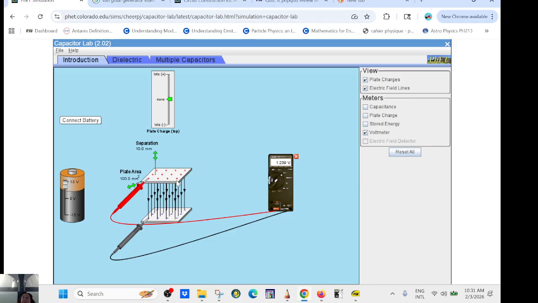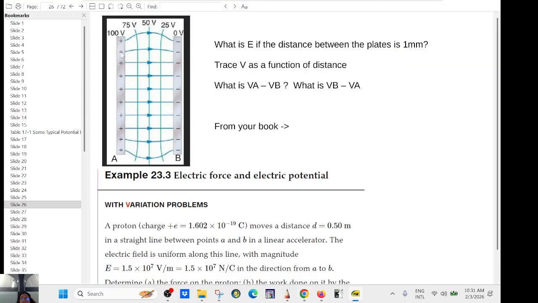If you have an electron leaving from minus to plus, it will deliver 1.3 eV.